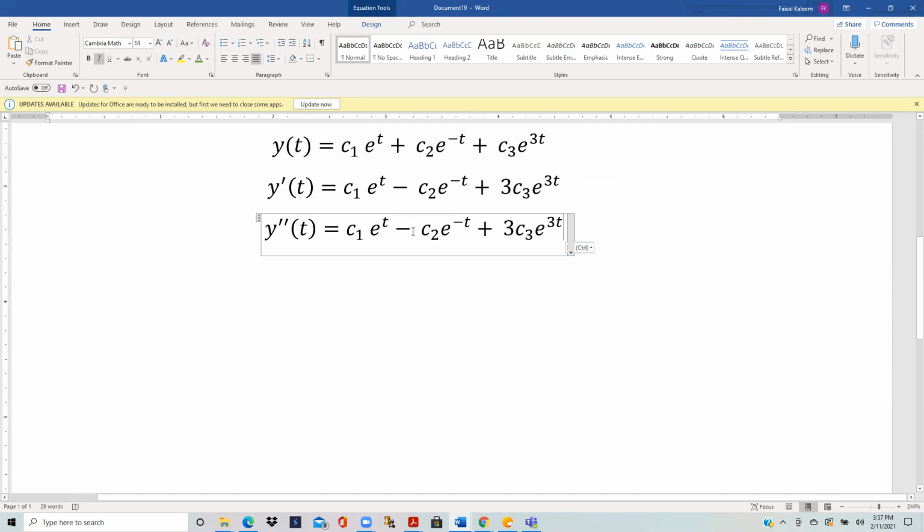So C1 e^t is just C1 e^t. And for the second time, you'll pick up another negative that will make it a plus, and then you will pick up another 3 for the third term, and that will make it a 9.